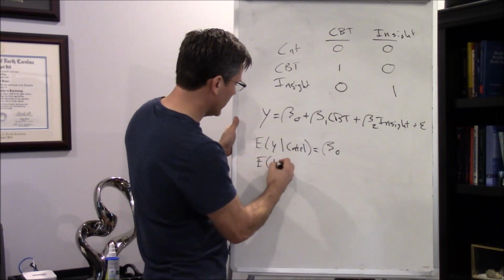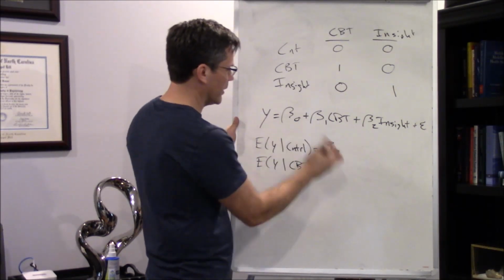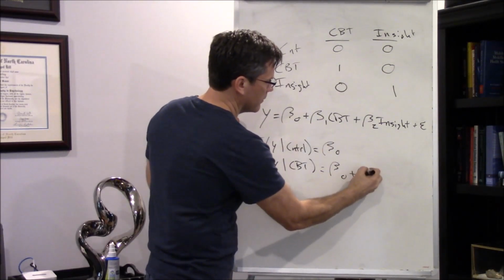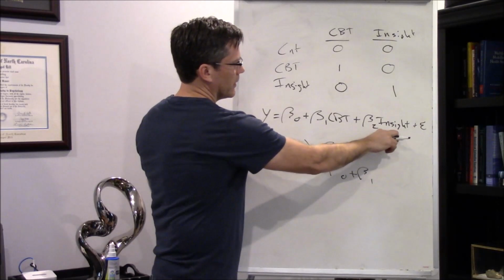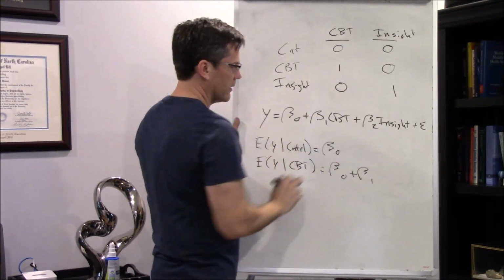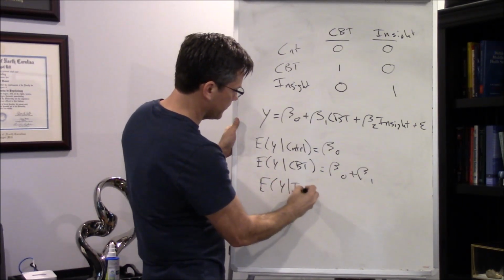Now, what if the individual is in CBT? Now we have beta naught, but CBT is coded 1, so we add beta 1. Insight is coded 0, and so we don't add beta 2. What if you're in the insight group?